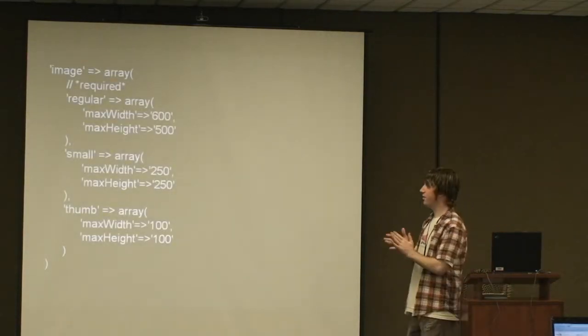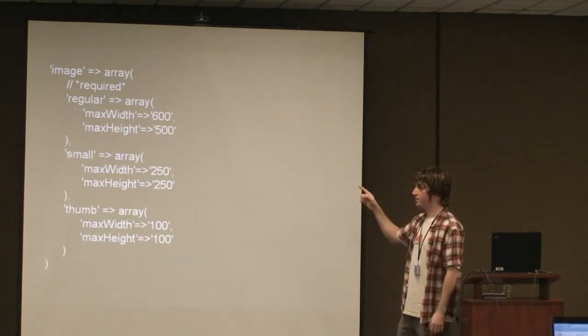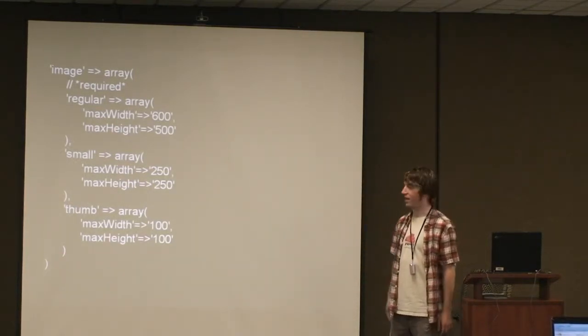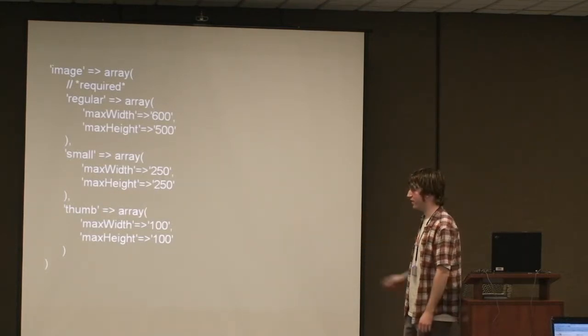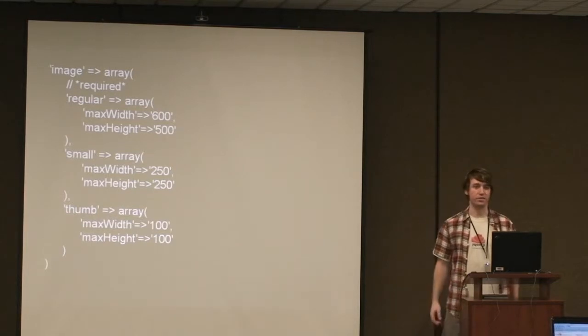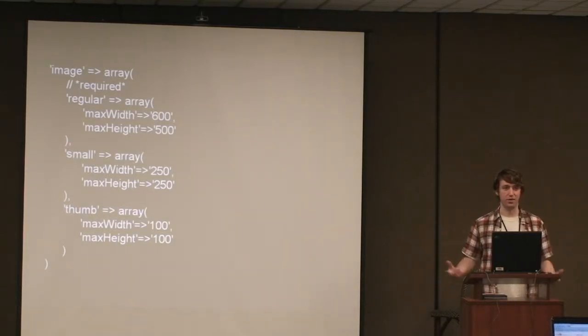Okay, so in the media behavior in your model, you can say, I want a regular image with the max width and max height of that. I want a small image that's max height and max width of 250 and a thumbnail of 100 by 100. And that's what we're using in the router, we're passing the thumbnail.